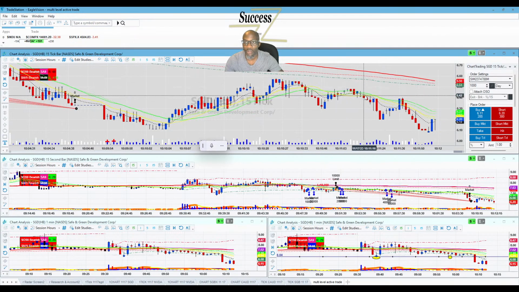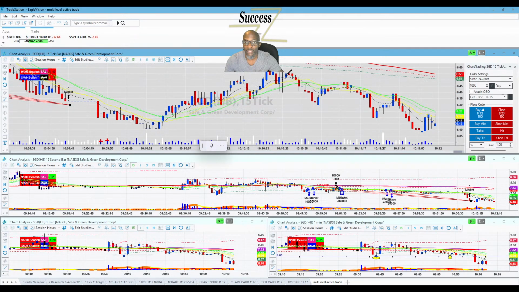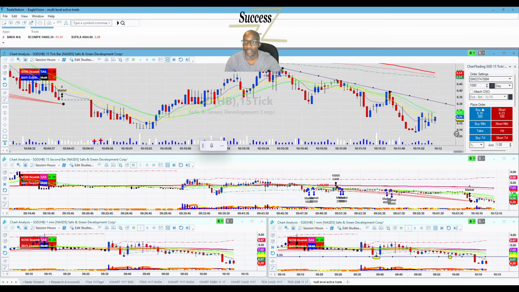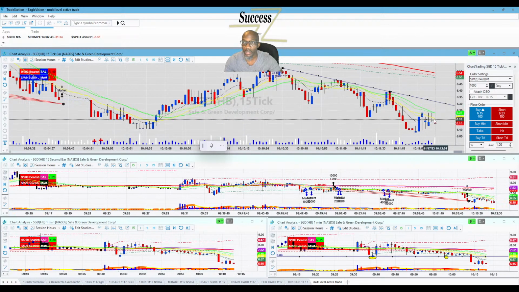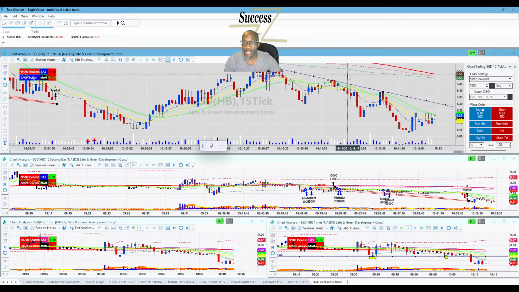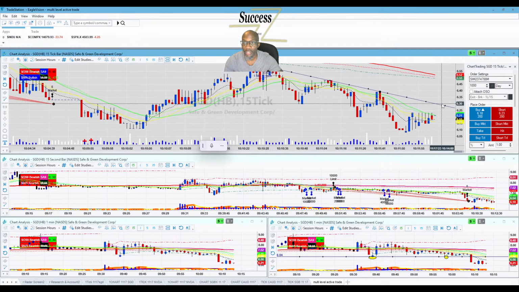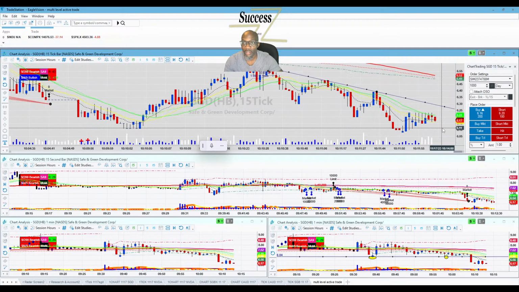So now I'm looking for this break. Order filled. Alright, so I got out of NVDA, so that was good. So this line is fairly shallow here. It's not that steep for a descending trend line.